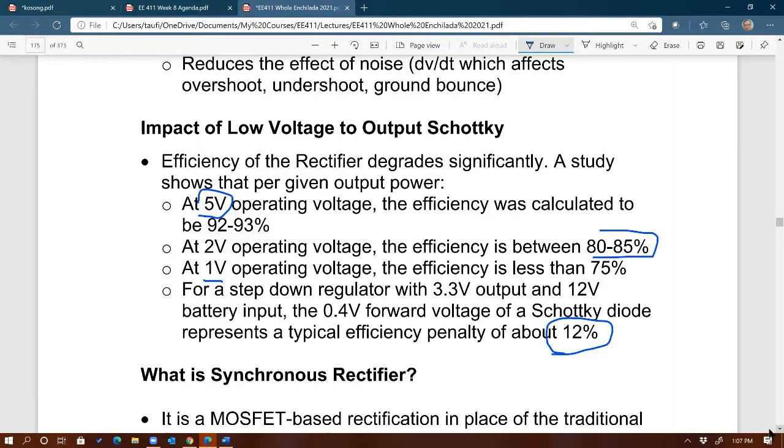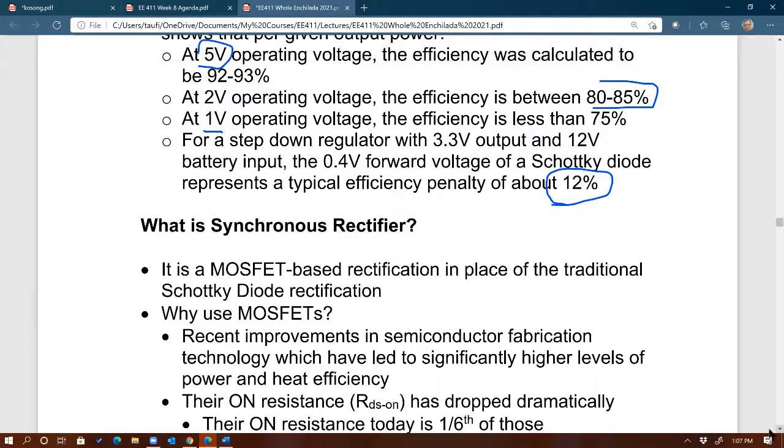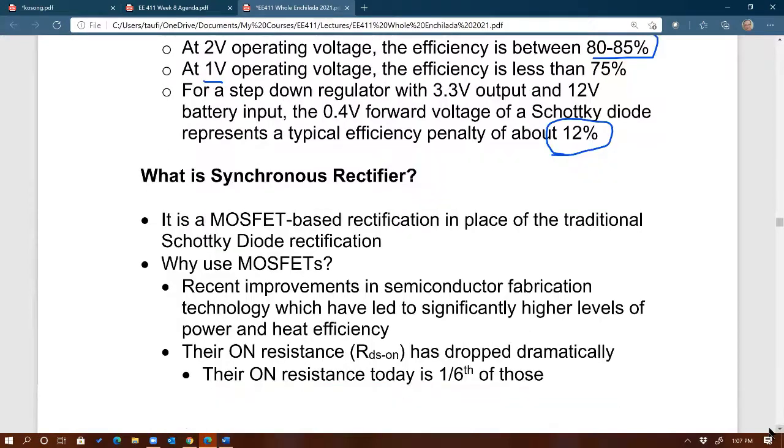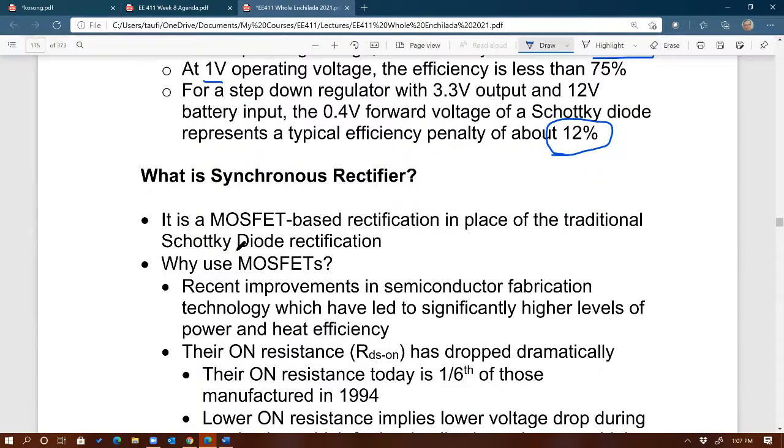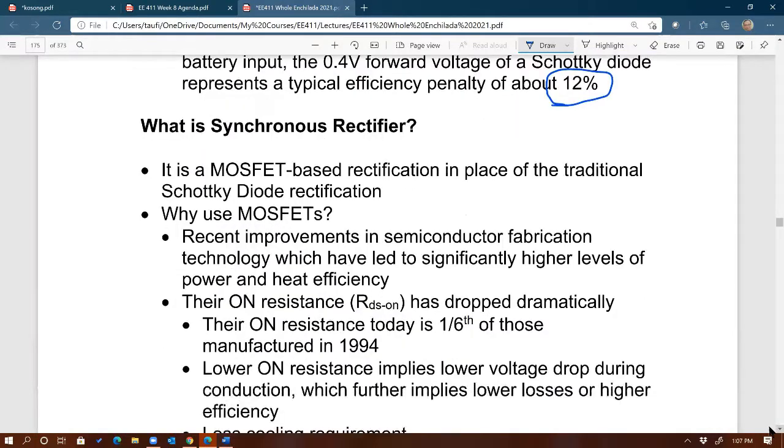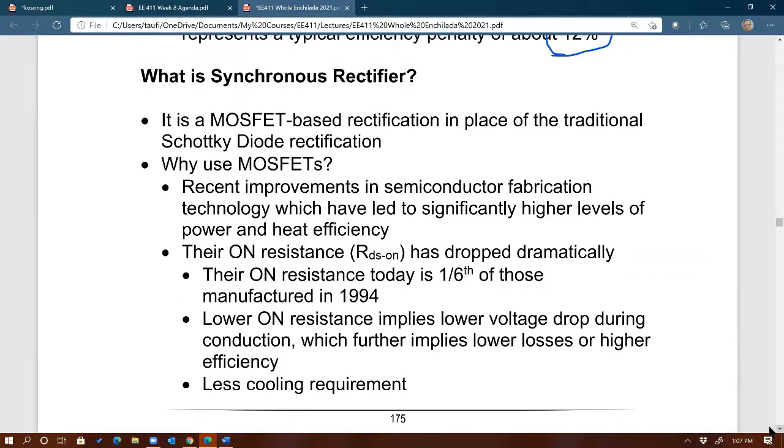So that's why we have what we call the synchronous rectifier, or synchronous technique, or synchronous method, where we use a MOSFET instead of a diode. So we replace the diode with a MOSFET. Why? Well, mainly because it's more efficient. A MOSFET has less forward drop compared to the diode for the same amount of current.